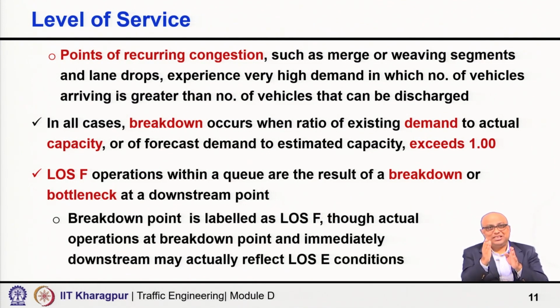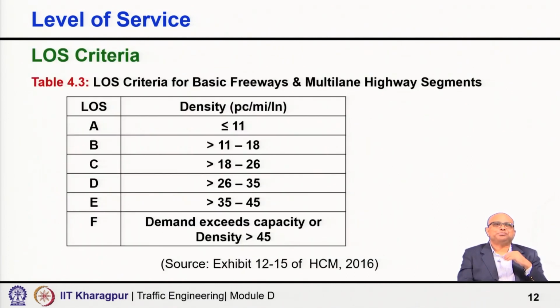The breakdown point is labeled as LOS F, though actual operations at the breakdown point and immediately downstream may reflect nearly LOS E, because you have 2 lane capacity. So, nearly 2 lane flow is happening. Of course, the queue discharge, as you know, is always slightly lesser than the capacity.